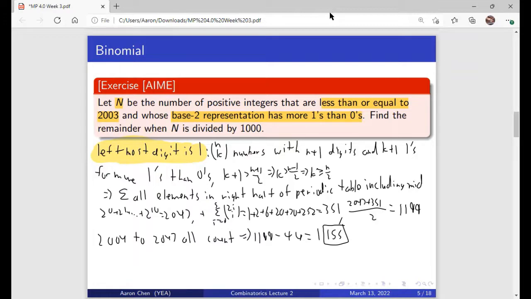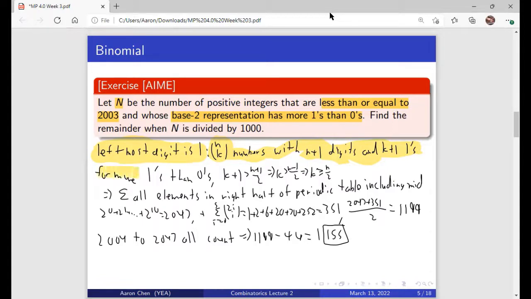And so that means that there are n choose k numbers that have n plus 1 digits and k plus 1 ones. Because we already have that the leftmost digit is 1, so there are only n digits left and k more ones.